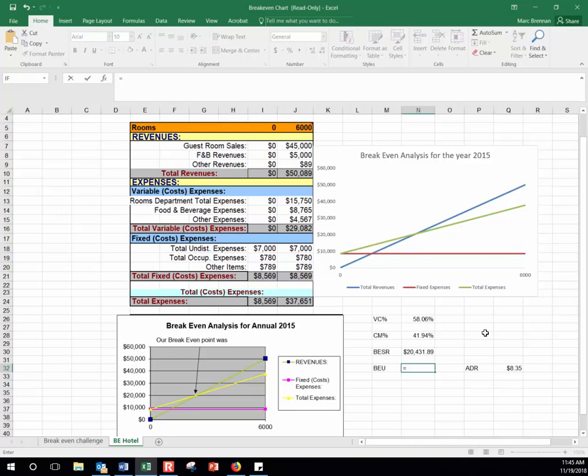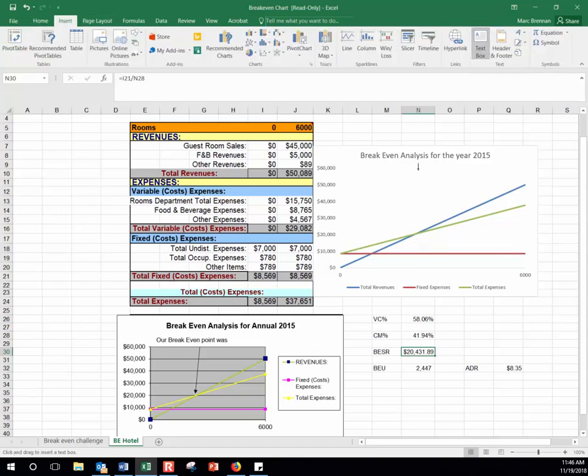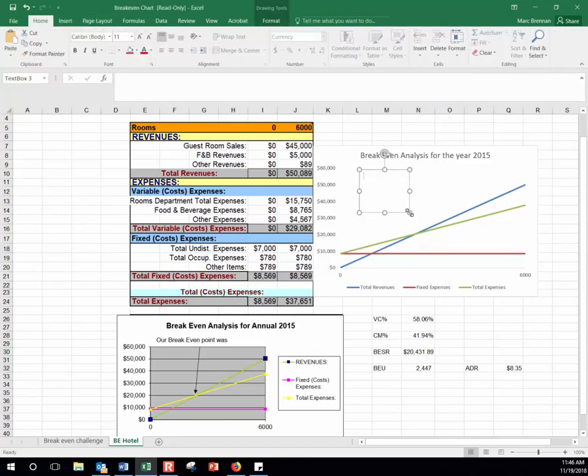Okay, so now we can go our break-even sales revenue divided by our average unit selling price to find out that we need to sell, we'll put a comma style, we need to sell 2,447 rooms to hit this break-even sales revenue and to make sure we get to this break-even point. So we can go to Insert, Text Box, Break-even point.